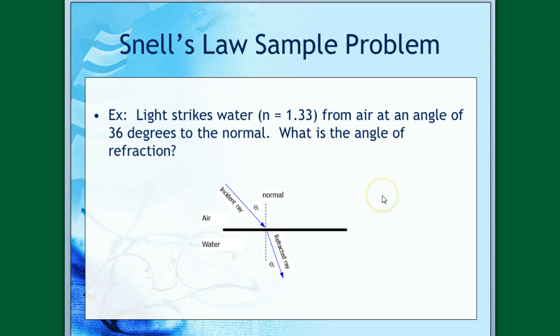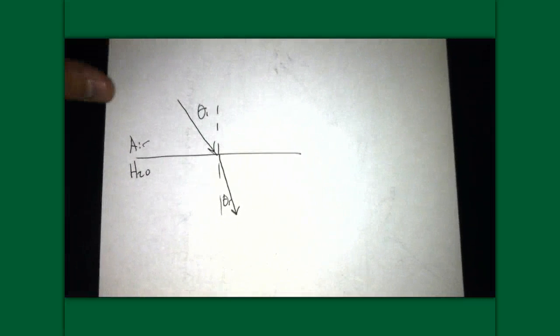Light strikes water, where N is 1.33, from air at an angle of 36 degrees to the normal. What is the angle of refraction? If I were you, on all these problems, and this is no different, the first thing I would do is draw a picture of what's going on. This is a good picture to draw, but don't make it take up all of your workspace, because you're going to need some space to work. This is something like the picture you should have drawn, going from air into water.